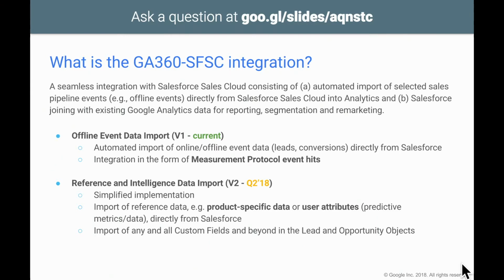And the second part is the merger of that data, which is the join of that data to the pre-existing online standard web hits that GA already has, that you can later leverage for reporting, segmentation, and remarketing. In other words, this integration allows you to ingest offline data with GA in a manner that offline data becomes like online standard web hits with no differentiation.